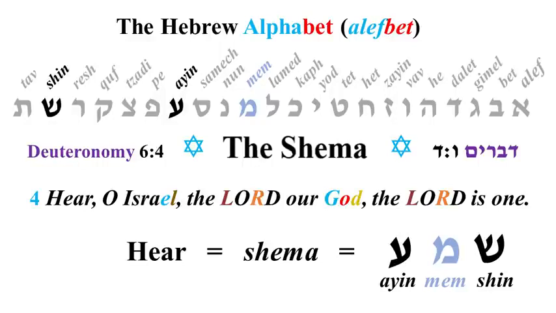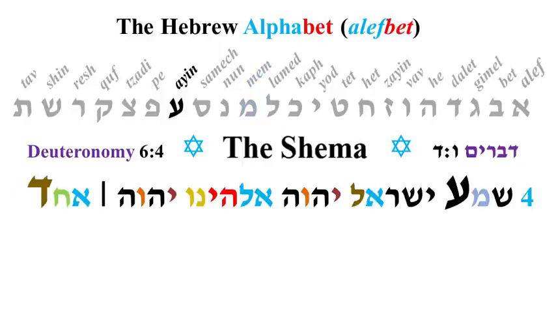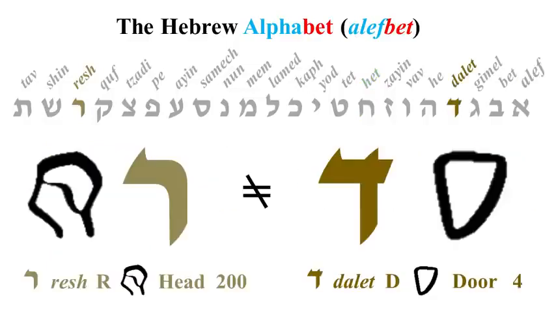The reason he put the large Dalet at the end: if you spell Echad, you might be inclined to spell it Aleph, Chet, and because the Dalet and the Resh look similar, you might accidentally put a Resh there. Remember, Resh is not Dalet. They are not the same.